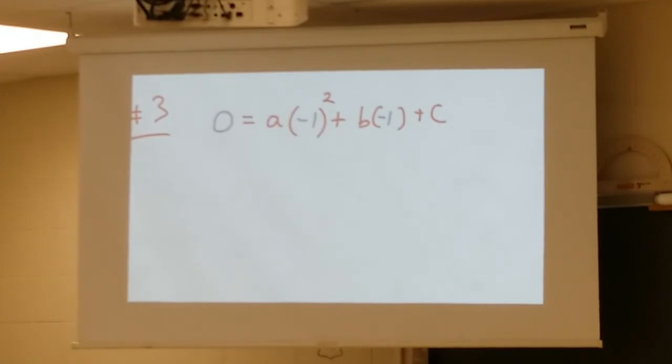And then you can plug in the vertex. If you're wrapping around the parabola counterclockwise, you would plug in the vertex for x and y. Now remember, when you plug it in for x and y, A, B, and C don't change, because that's what you're solving for.